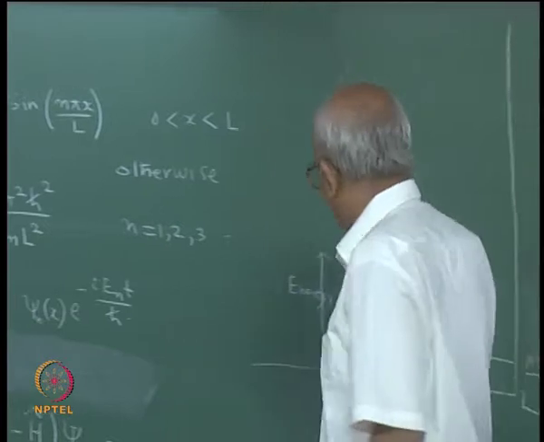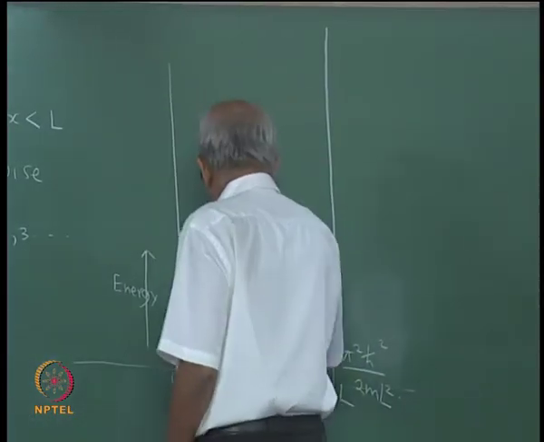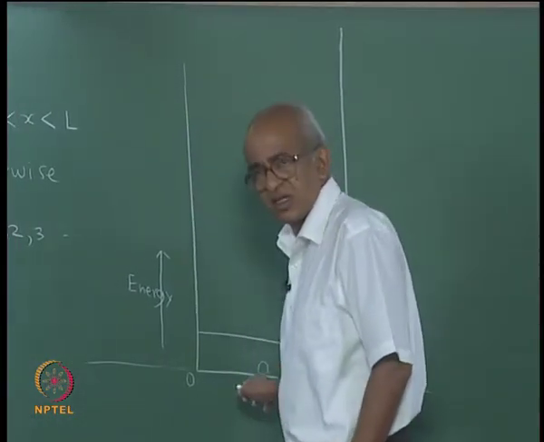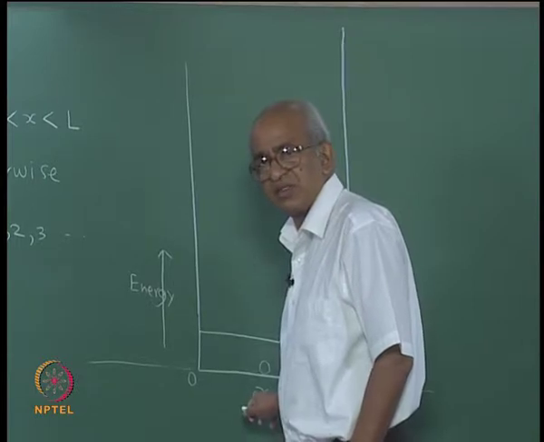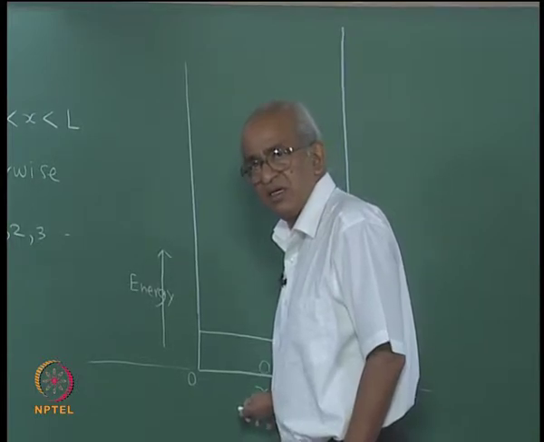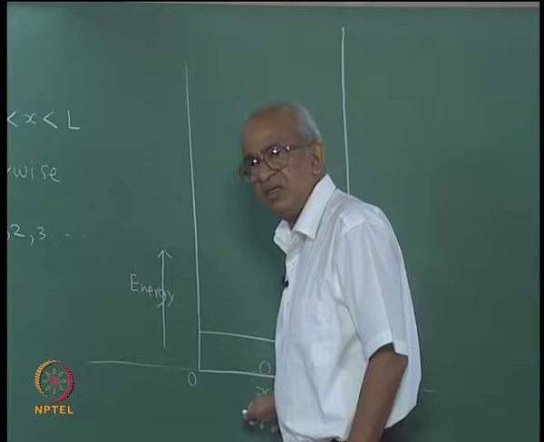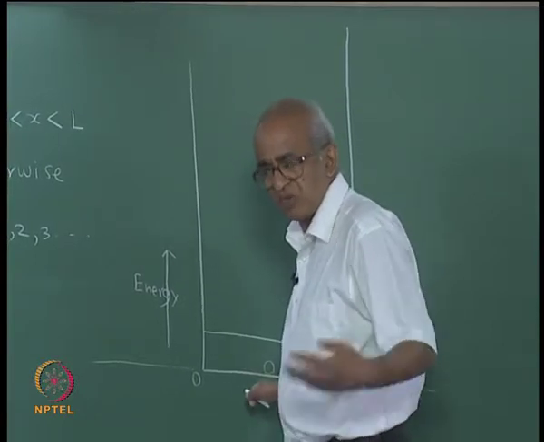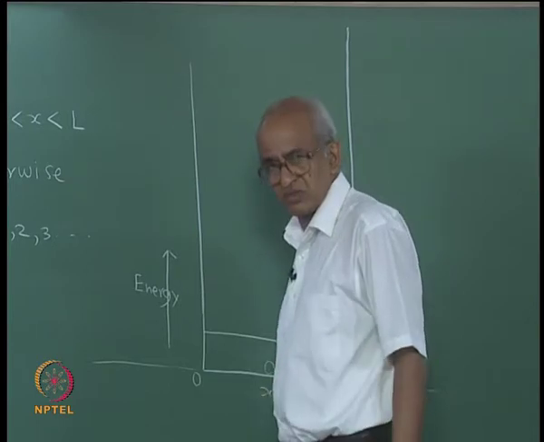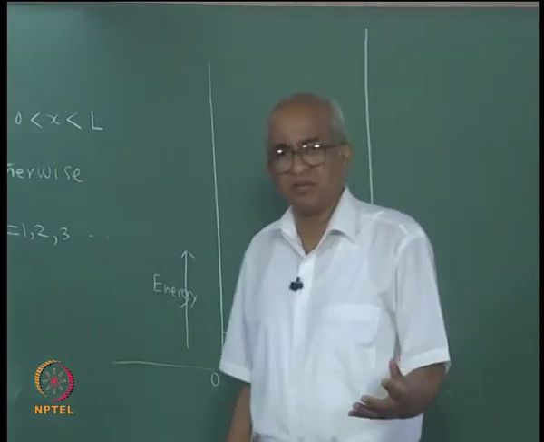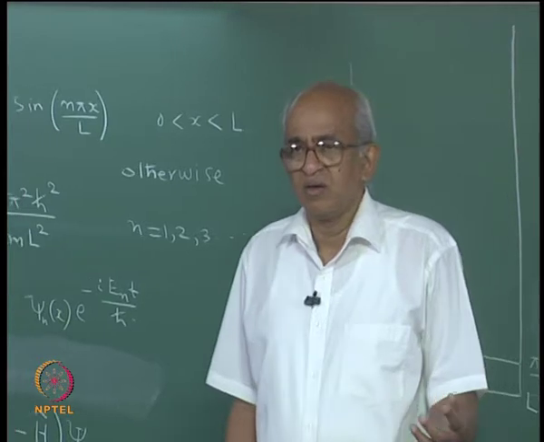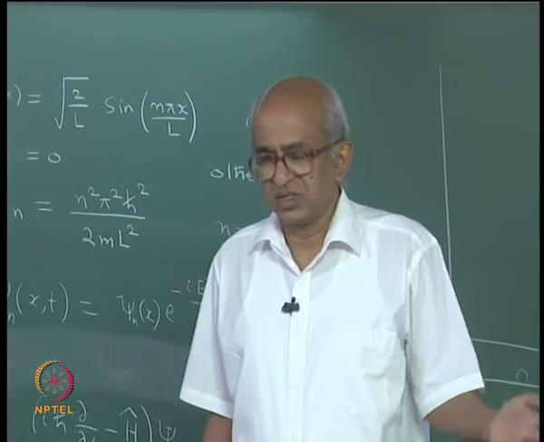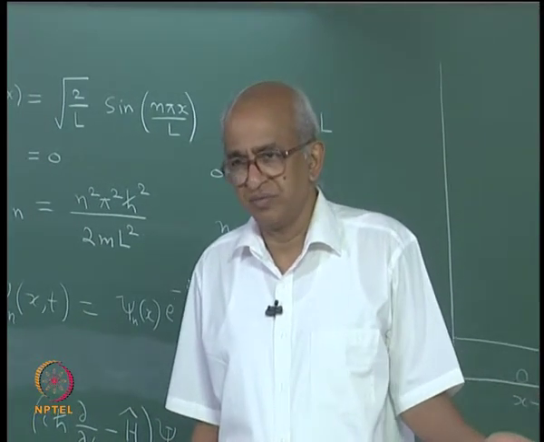Imagine you have a particle just sitting at a particular location. Then I know exactly where the particle is, therefore its uncertainty in position will be 0. And if it is not moving, it has no momentum, so the momentum is 0.